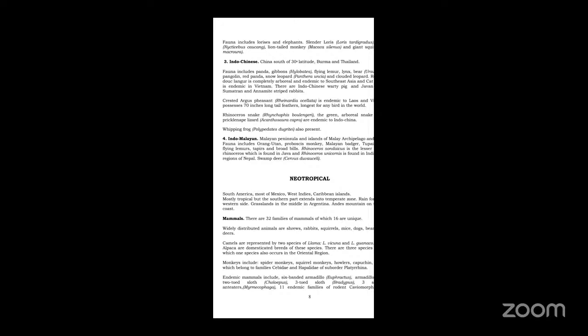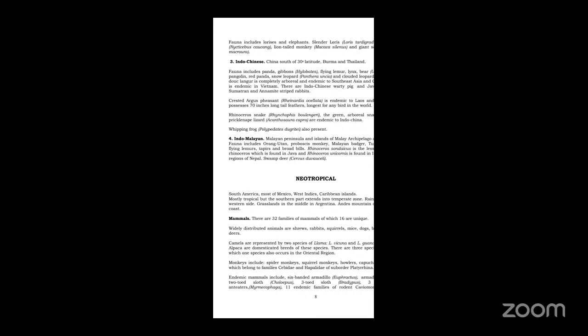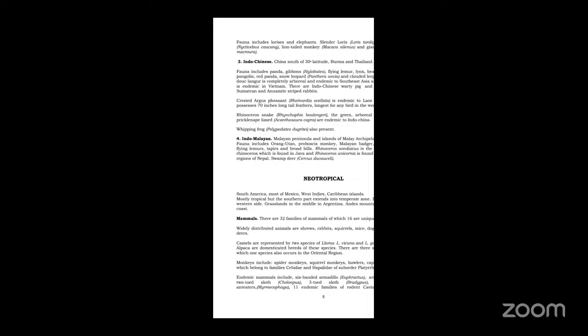Then also the rhinoceros is there, which is the lesser one-horned rhinoceros, and it is found only in Java. And Rhinoceros unicornis is also found in India as well as in Nepal. Apart from this, swamp deer is also present. So this is the fauna which is confined to the Indo-Malayan region.